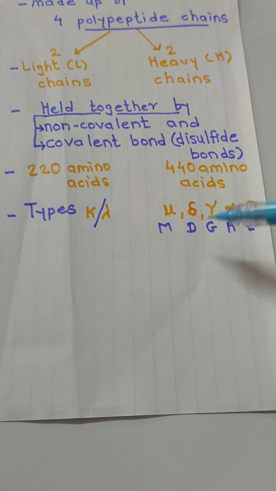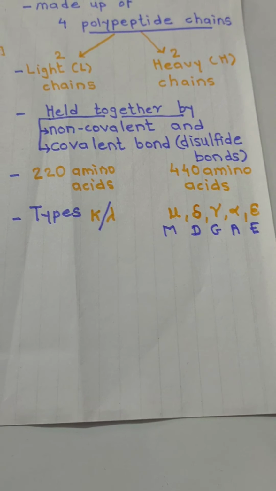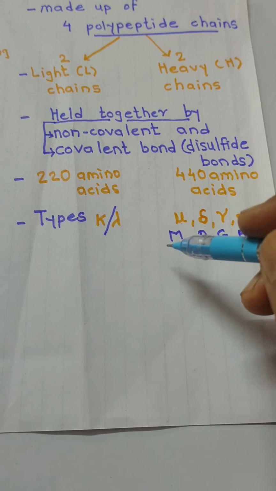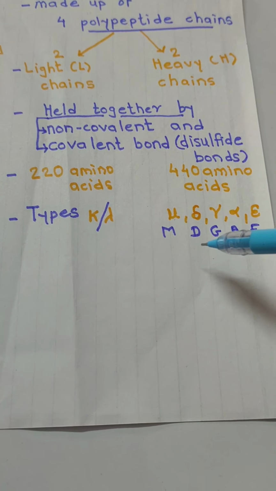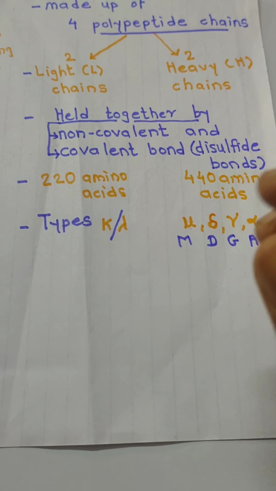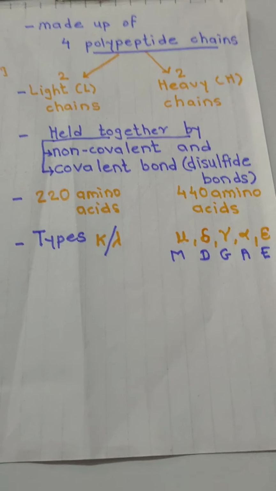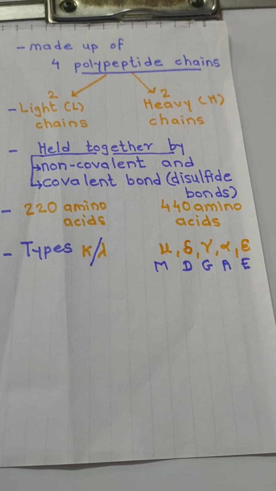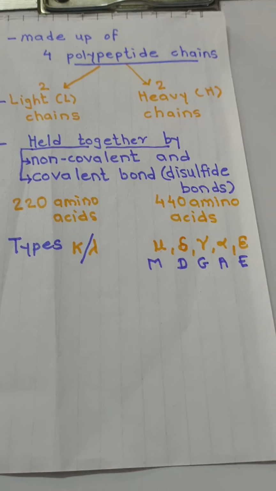Due to the presence of these 5 types of heavy chain, the immunoglobulins are known as IgM, IgD, IgG, IgA and IgE. So there are 5 different types of immunoglobulin depending upon what kind of heavy chain is present.